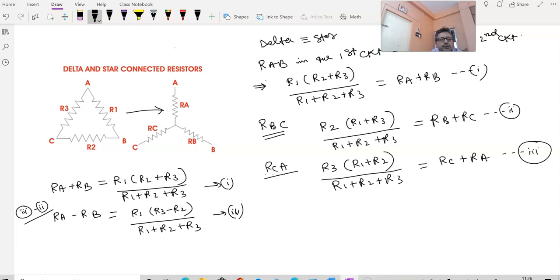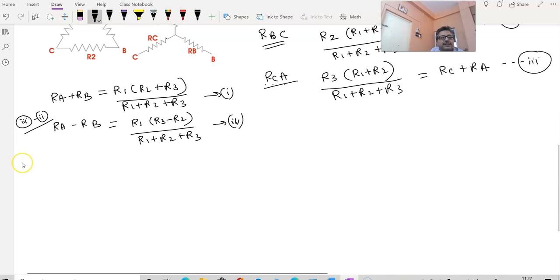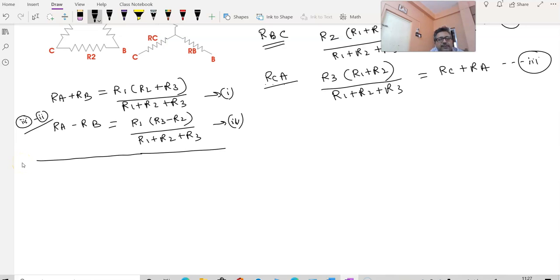Now adding these two, if we add number 1 and 4, then we get the value of RA. All of you can see that by adding we get 2 into RA equal to R1 R2 minus R1 R2, plus and minus get cancelled.